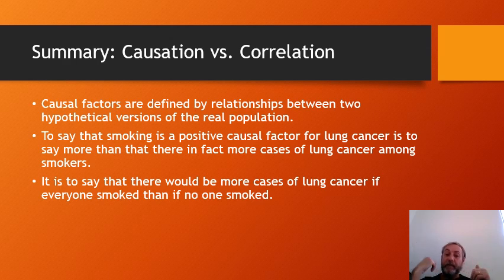It's making these modal claims, saying it's not only the case that we see a larger proportion of this value of a variable in people that also have this value of this other variable. It's saying, take these two variables, let's go to a world where everybody has it, and let's go to a world where everybody doesn't have it. You're going to see a big change in the effect variable as well.